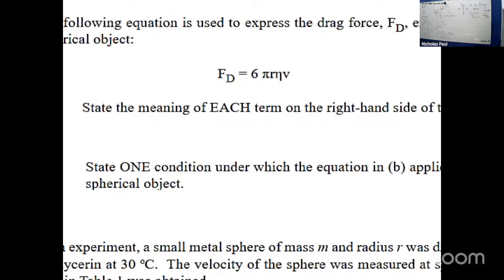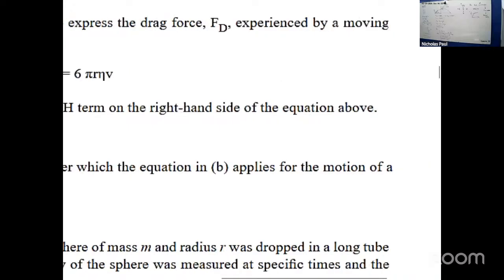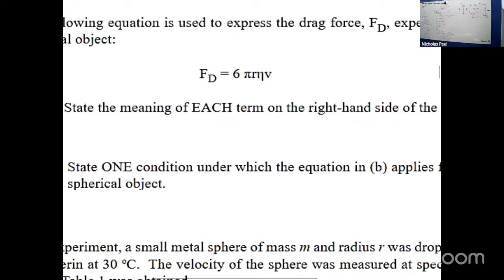Right, so 6π is just a constant. R is what? R is the radius of the spherical object here. So R is the radius of the spherical object.